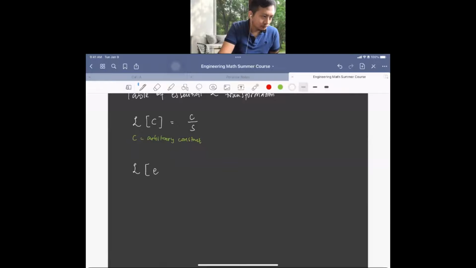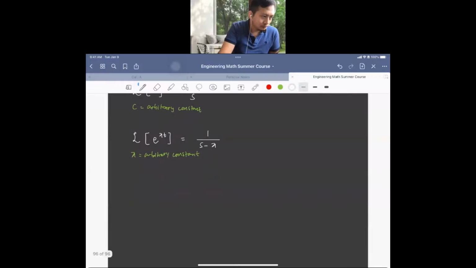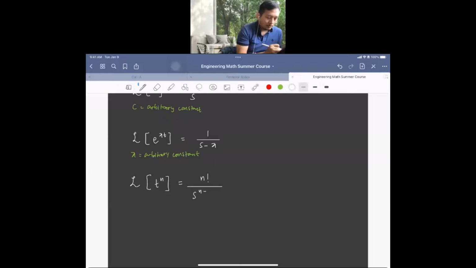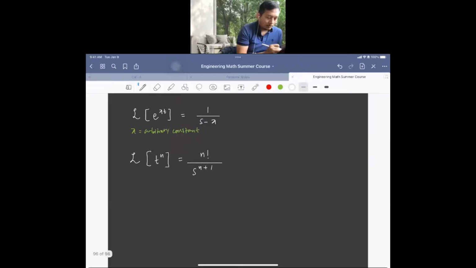And then Laplace of e to the power of lambda t, where lambda is also an arbitrary constant, will be equal to 1 over s minus lambda. And when you have Laplace of t to the power of n, you will have n factorial over s to the n plus 1, where n should be positive.